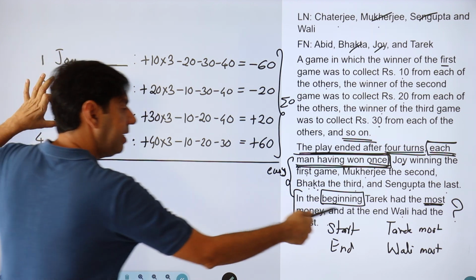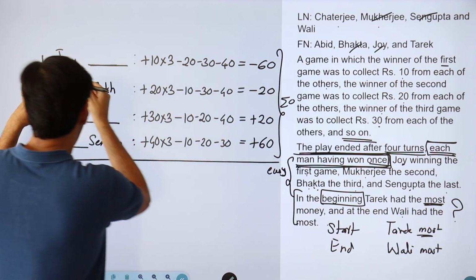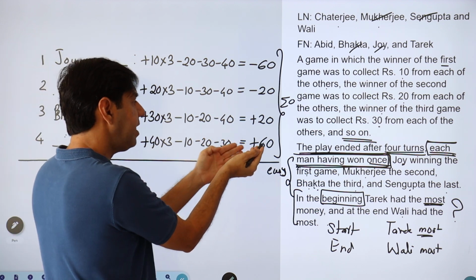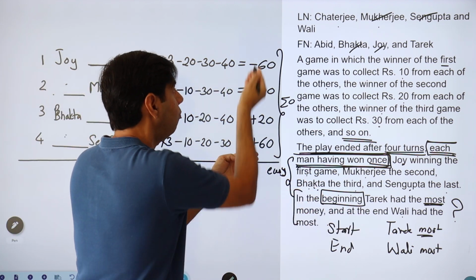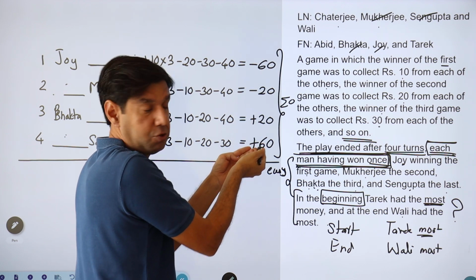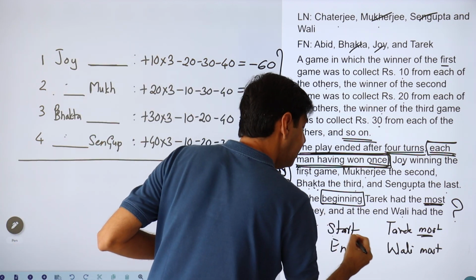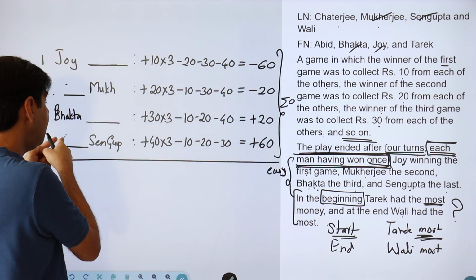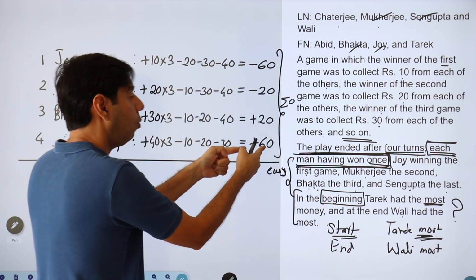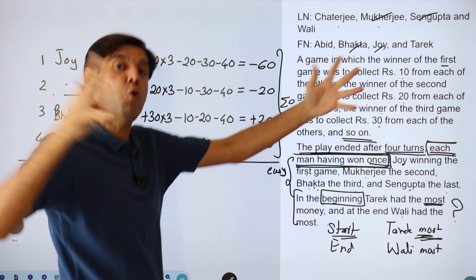So at the beginning he is the most, and the fourth possibility is not possible. Because if Tarek started with the largest sum of money, and if Tarek is the fourth one, he also ends up winning the most.